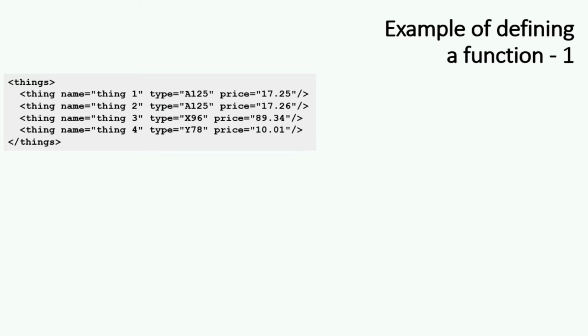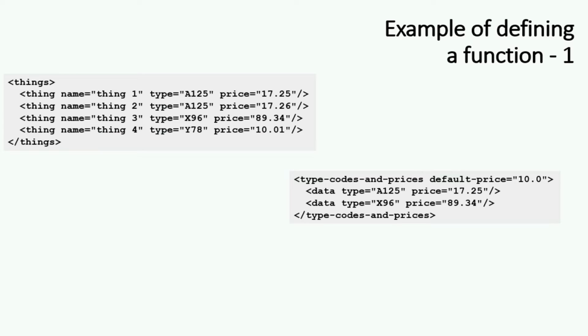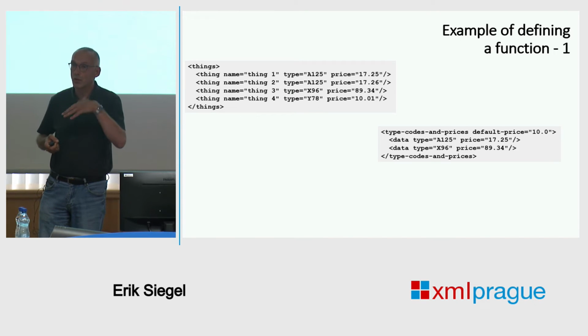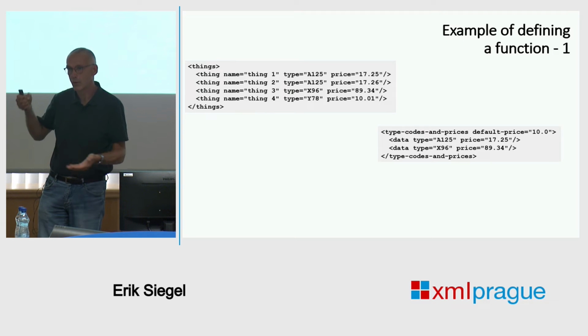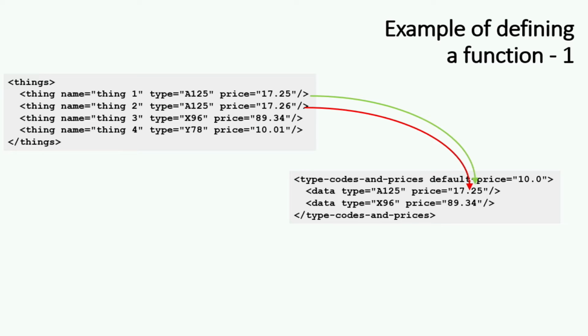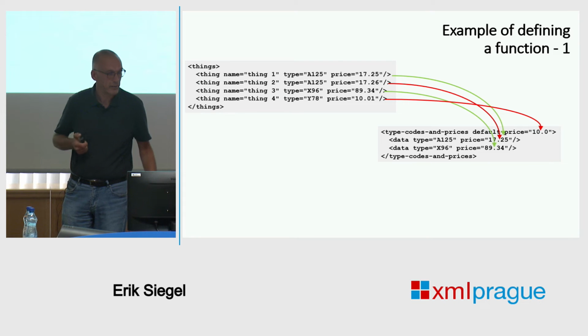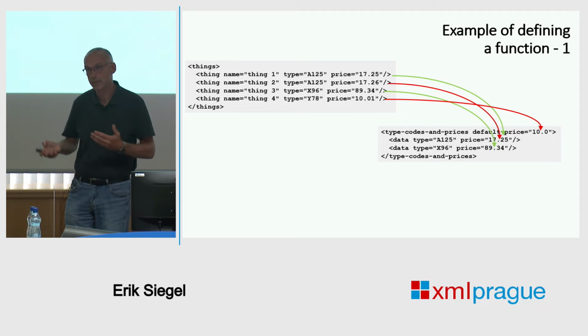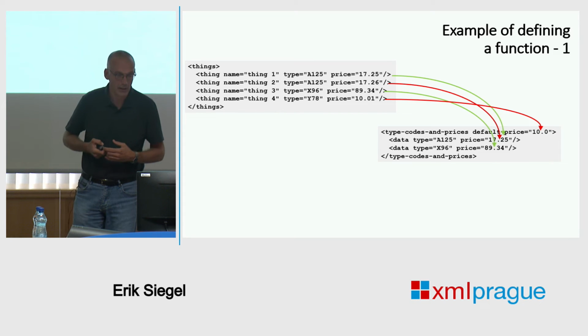To be able to do that, we have a lookup XML, a small additional XML, which lists all the prices for the things. If the thing is not mentioned in this lookup, it should use the default price. So for the things here, the first one is correct. The second one is off by 1 cent, probably a rounding error in the VAT computation or whatever. The third one is correct, and the fourth one is incorrect because it is not mentioned in the list, so it should use the default price.